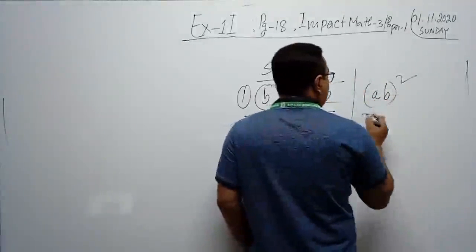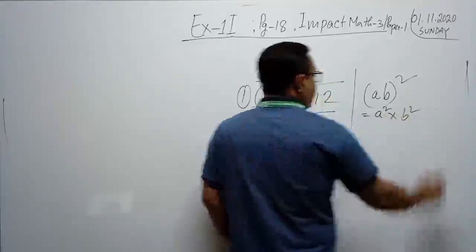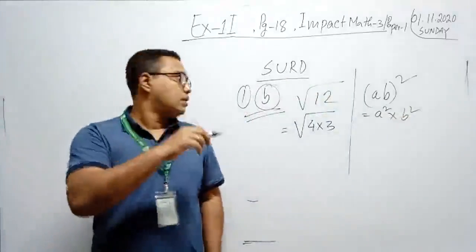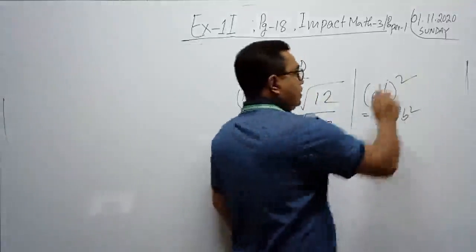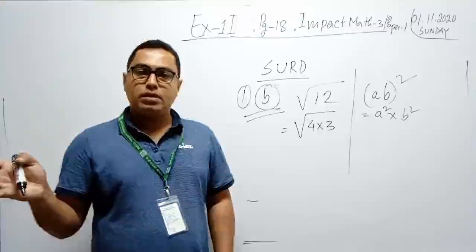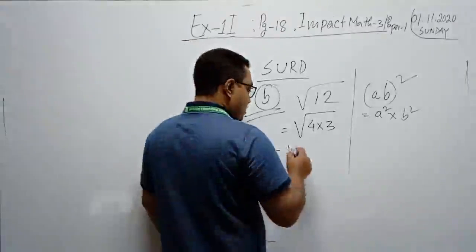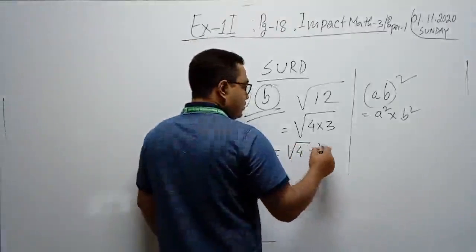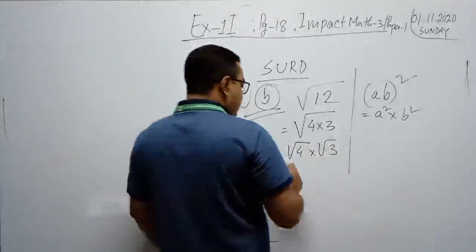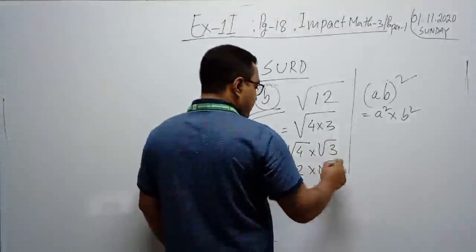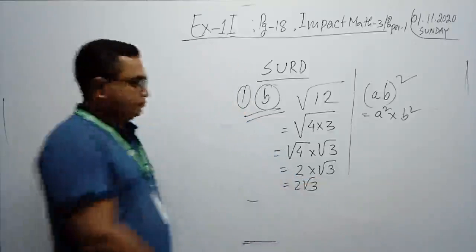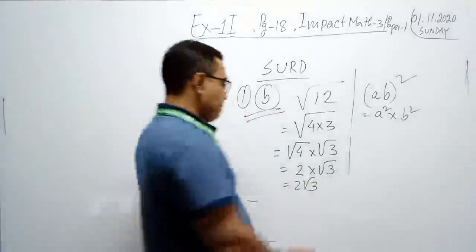Suppose (a into b) to the power of 2 gives you a square b square. That means if you have a whole power, then this index will be distributed that way. Here we will do square root of 4 into square root of 3. So square root of 4 we will get 2, multiplied by square root of 3, 2 root 3. This is the answer.